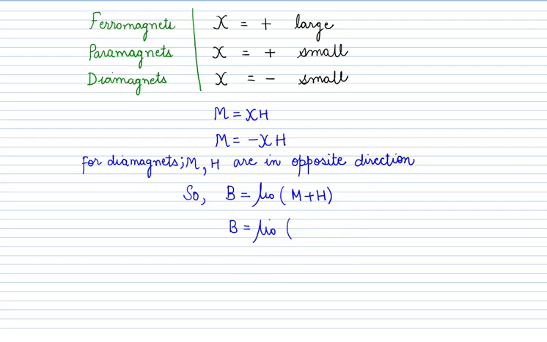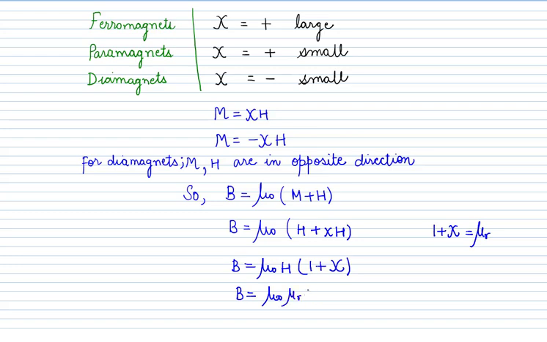So if it is either a paramagnetic or ferromagnetic material, then we can write this as H plus xi H, because M may be written as xi H. Now in this equation, we can take mu naught and H as common. So this will be 1 plus xi. And 1 plus xi we can write as mu r, that is the relative permeability.